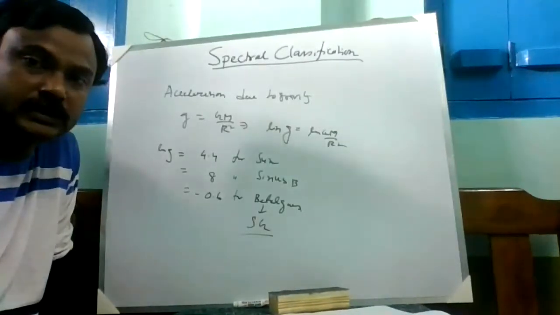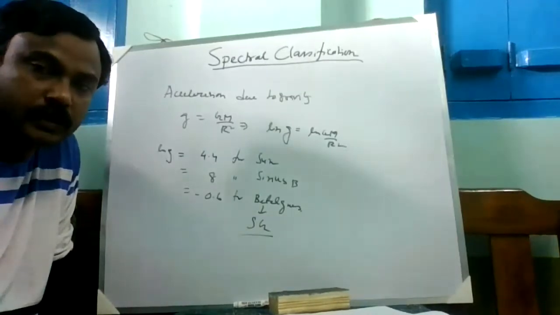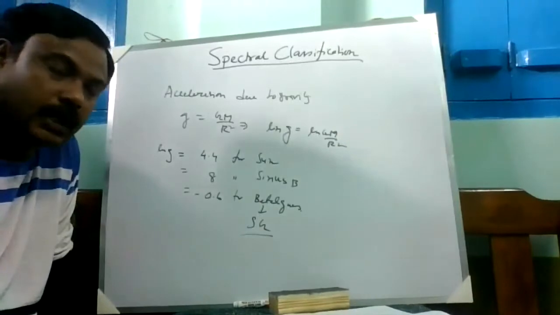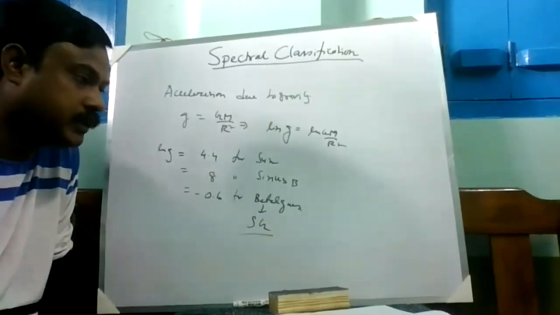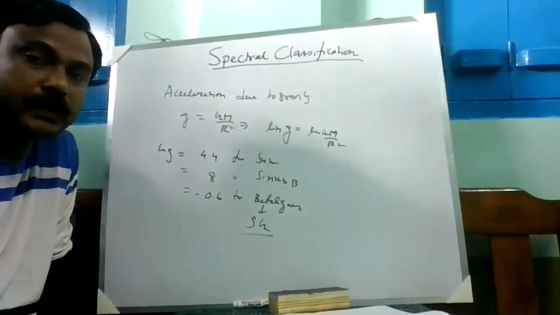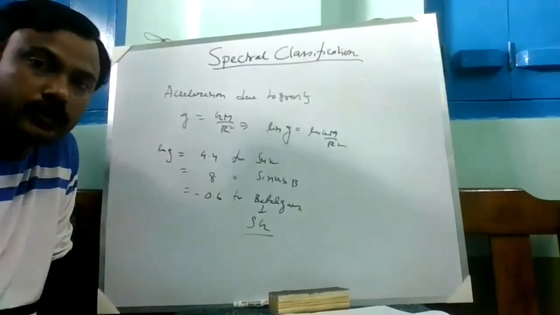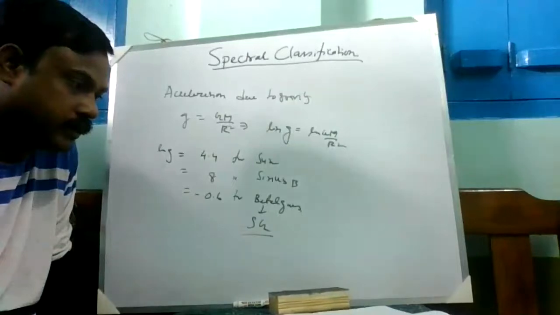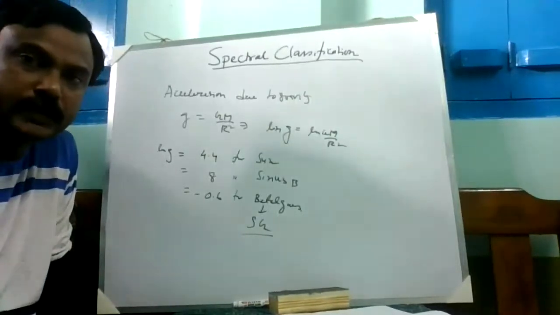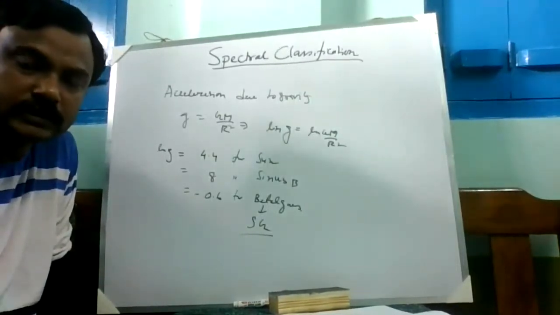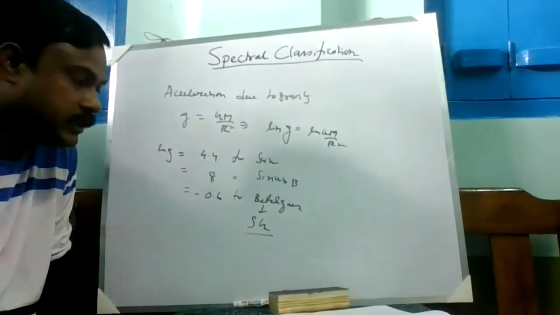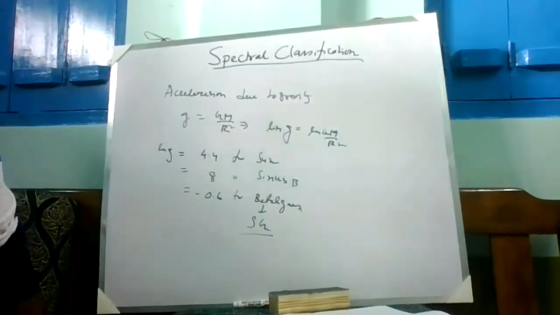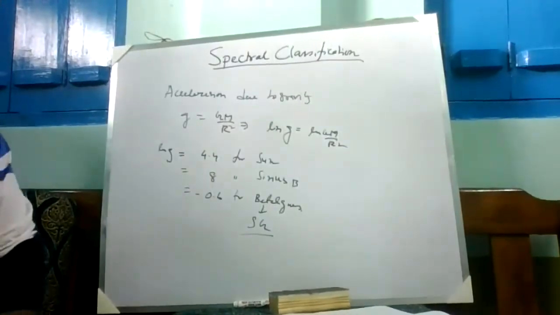Spectral classification is based on the surface temperature of a star and its prominent absorption lines. And luminosity classification is based on the luminosity of the star, that means the size of the star. Most luminous stars are massive stars and their size is very huge. Due to their huge size, their luminosity is greater, though their temperature is not so high.